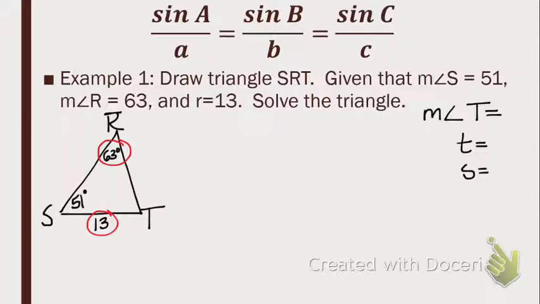So how would I find big T? What do the angles inside of a triangle always add up to? 180 degrees. So to find the measure of angle T, that is going to be 180 minus 63 minus 51. So go ahead and type that in your calculator.